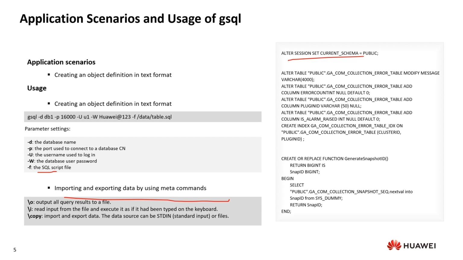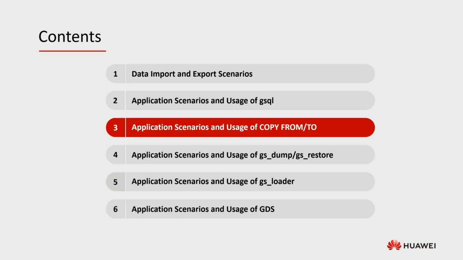And \i is used to read the input from the file and execute it as if it had been typed on the keyboard. And \copy is the import and export meta command on the client side for data in tables. The data source can be a standard input or files. The \copy command is related to the COPY command, which will be mentioned later.